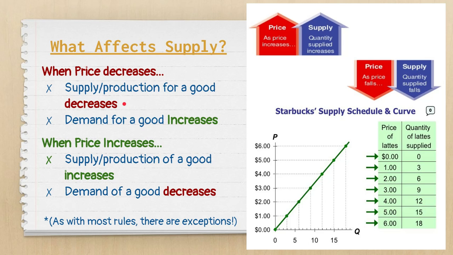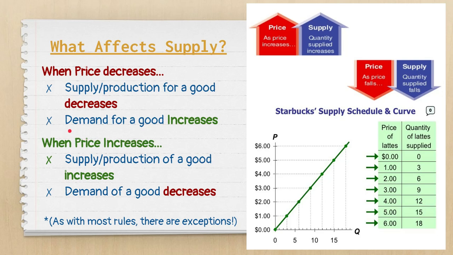So when we lower our price to $2, how much are we supplying? Again, you can use the graph or you can use the table. So at $2, we are supplying 6 lattes. So as you saw, from $6 to $2, we had a drop in 12 units produced. So as price goes down, supply will go down.